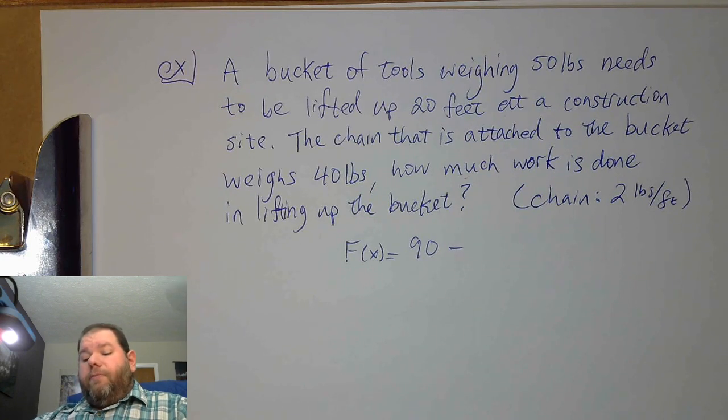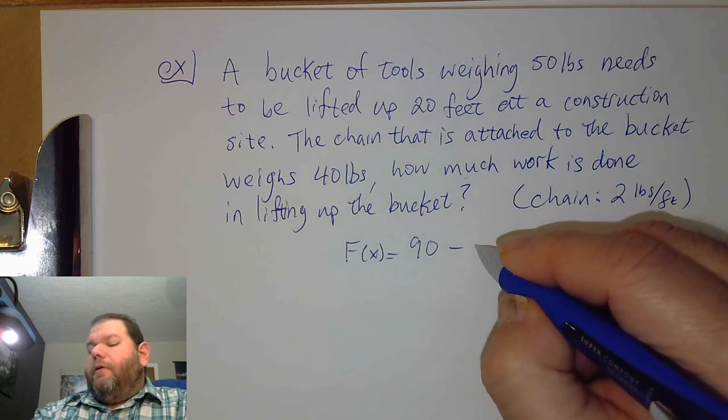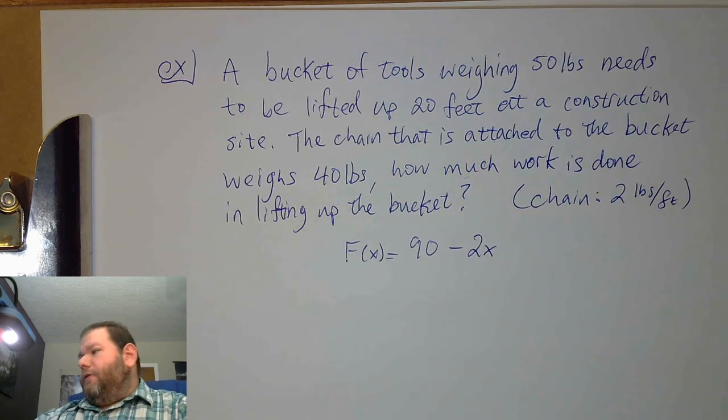If the chain weighs 2 pounds per foot, then every foot that we lift up the bucket, we decrease the weight by those 2 pounds for the chain. So that would actually make it 90 minus x.